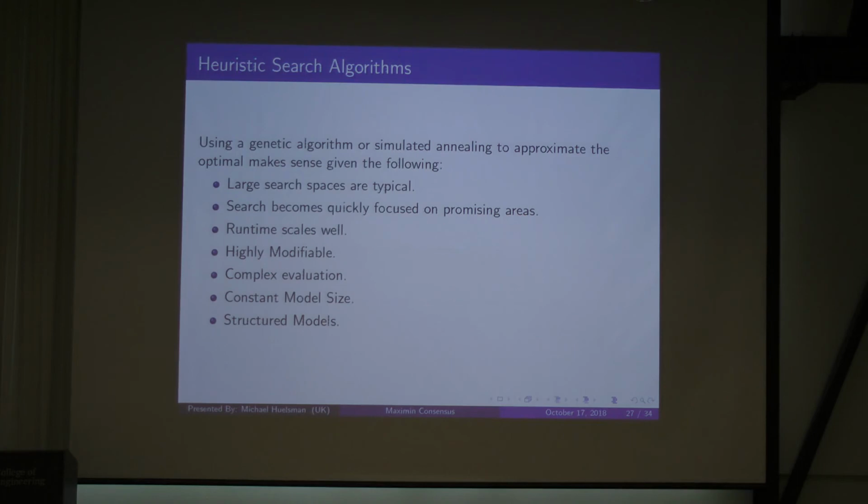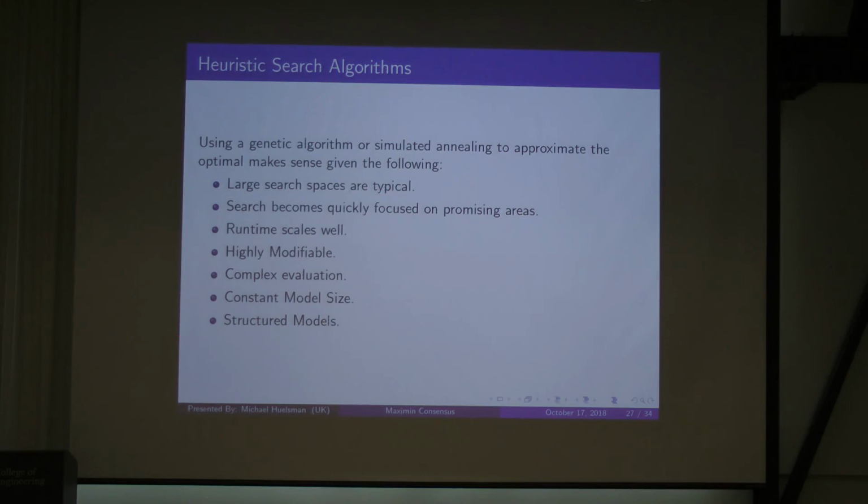We can modify these things to make them a little bit more specific, right? So we can tailor them to our specific domain if we want to add in some a priori knowledge. Now they don't have to have a constant model size, but for our purposes, we're considering a constant model size, just because it means that we can kind of zone in on how well this particular type of formula does.